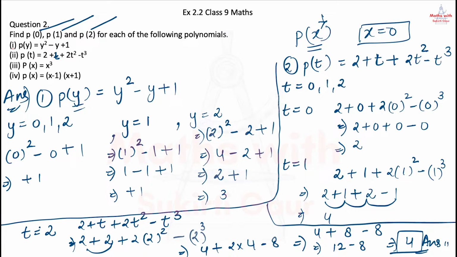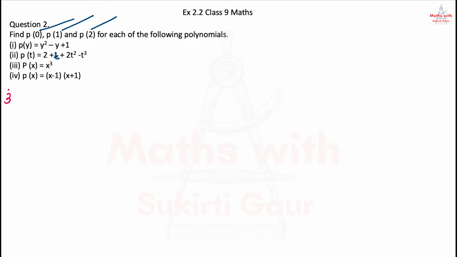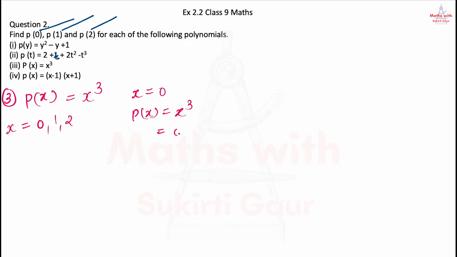Coming on to the third part. Okay, so in the third part we have p(x) equals x cube. Here again we will be taking x equals to 0, 1 and 2. First we are taking x equals to 0. We will have p(x) equals x cube, 0 cube, it will give us 0.